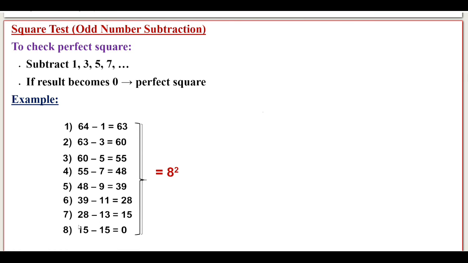At which stage do you get 0? I am getting it in the 8th stage. In the 8th stage I get 15 minus 15 equal to 0. Therefore, the square root of 64 is equal to 8.